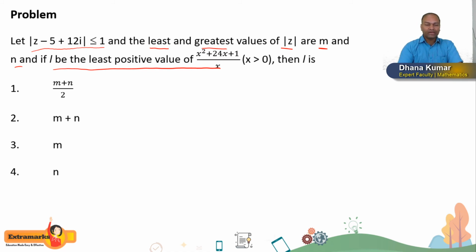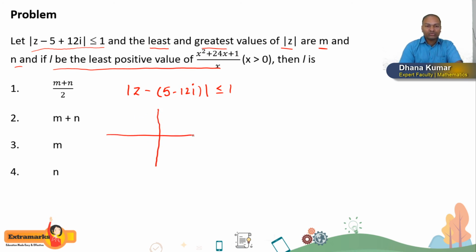Let us see, one by one. The given condition is modulus of Z, taking minus common, 5 minus 12i, which is less than or equal to 1. So for this circle the center is 5 comma minus 12, a point which lies in the fourth quadrant.